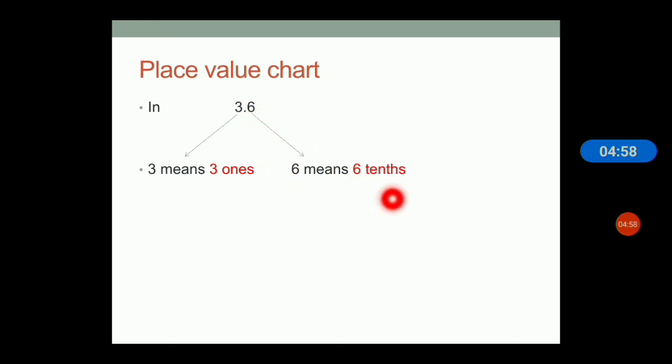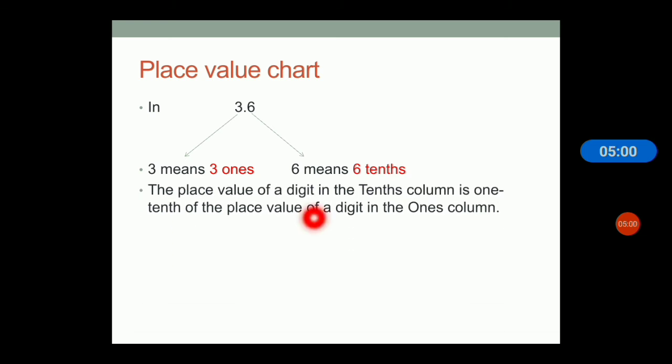As this is 6, it is 6 tenths. If we separate 3 plus 0.6, then 0.6 is equal to 6 by 10. So the place value of a digit in the tenths column is 1/10 of the place value of a digit in the ones column. Understood?